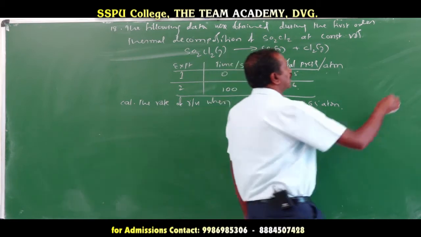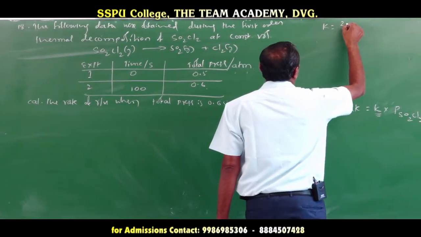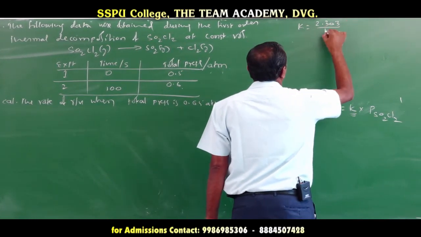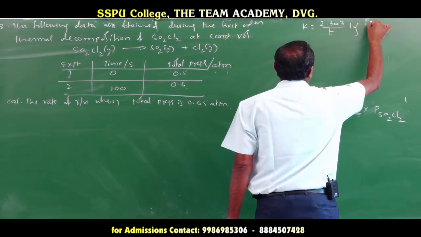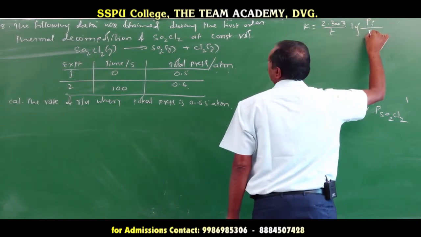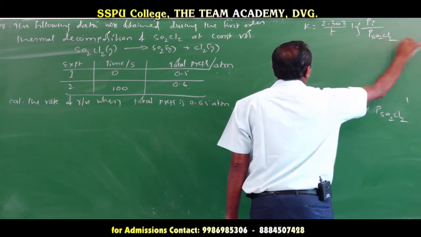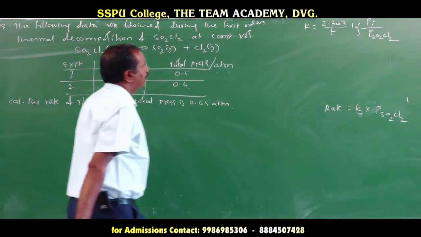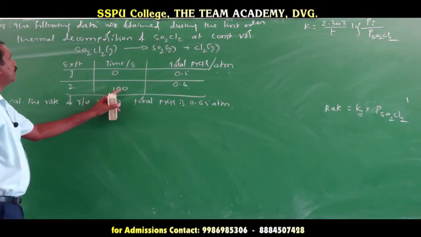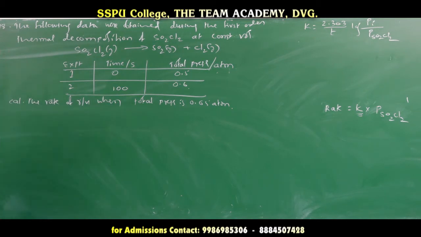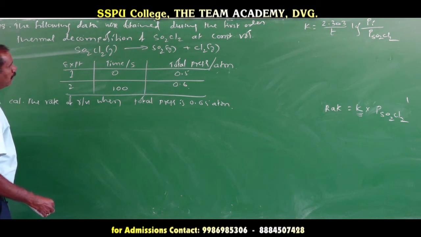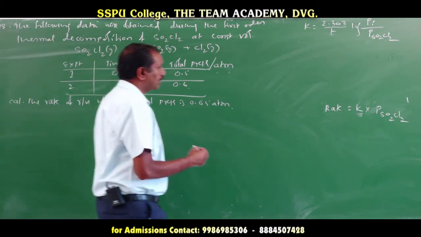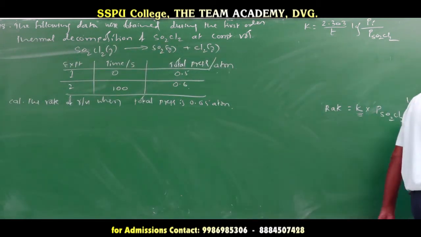The K value can be calculated by using the formula 2.303 by T into log of Pi divided by the partial pressure of SO2Cl2. Okay, the partial pressure of SO2Cl2 at 100 seconds, when total pressure becomes 0.6 or 0.65. So, just I will check.